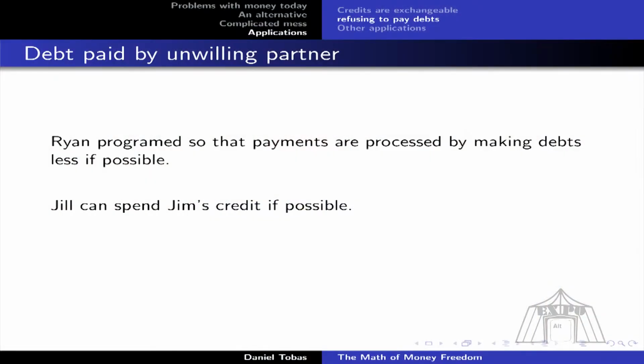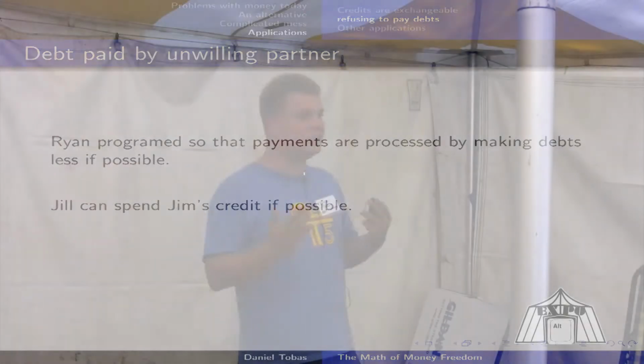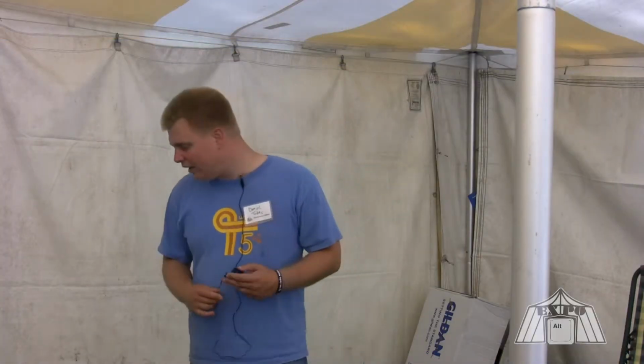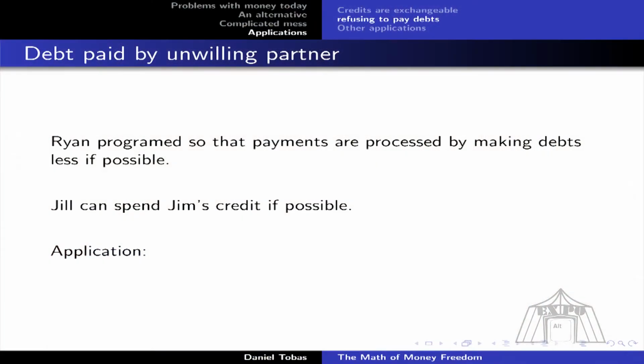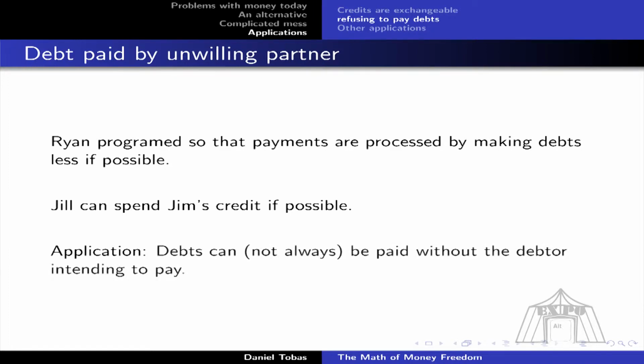So this debt that Jim had to Jill actually had value to Jill on the system, right? So that's where this selling comes along. You're trading value for value. Okay, good.